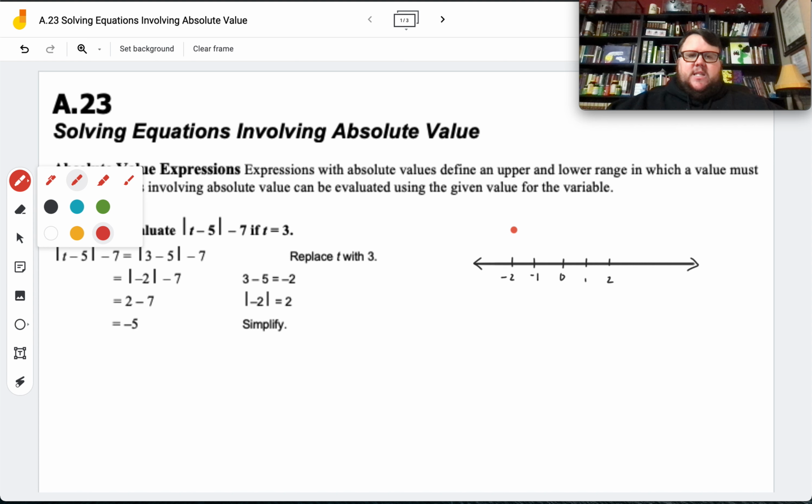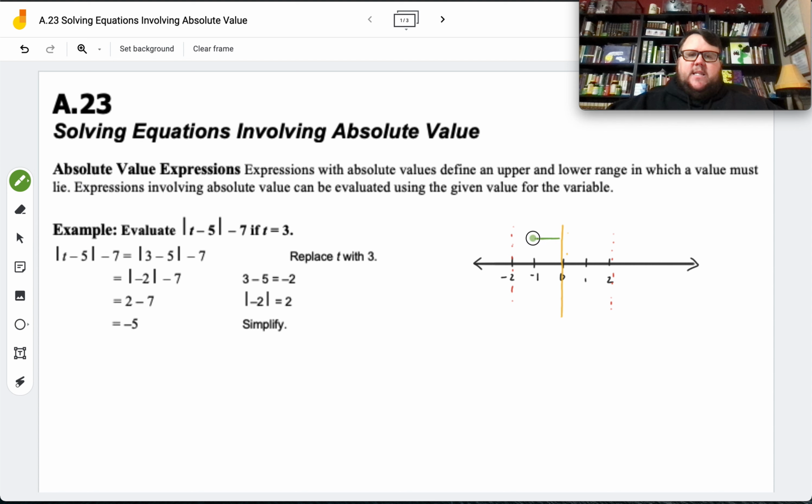So, distance away from 0. If I draw a dotted line at negative 2 and a line at positive 2, and a line through 0 so you can see it, the distance is always positive.